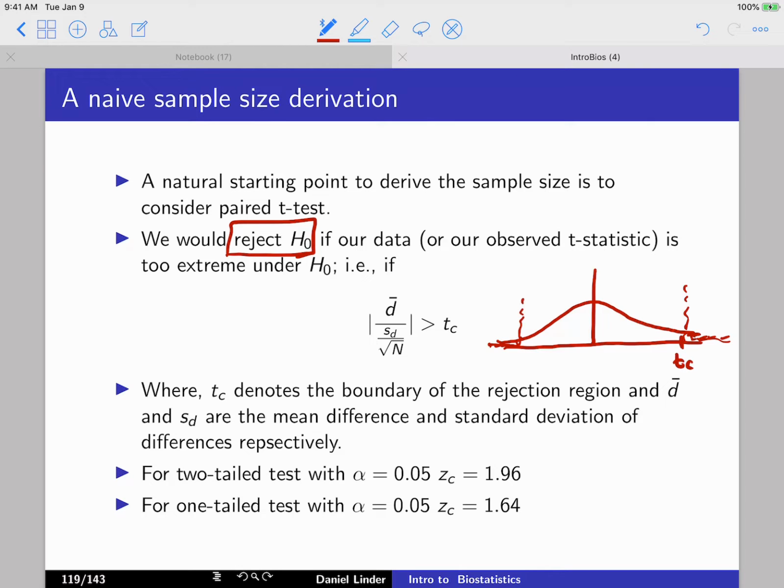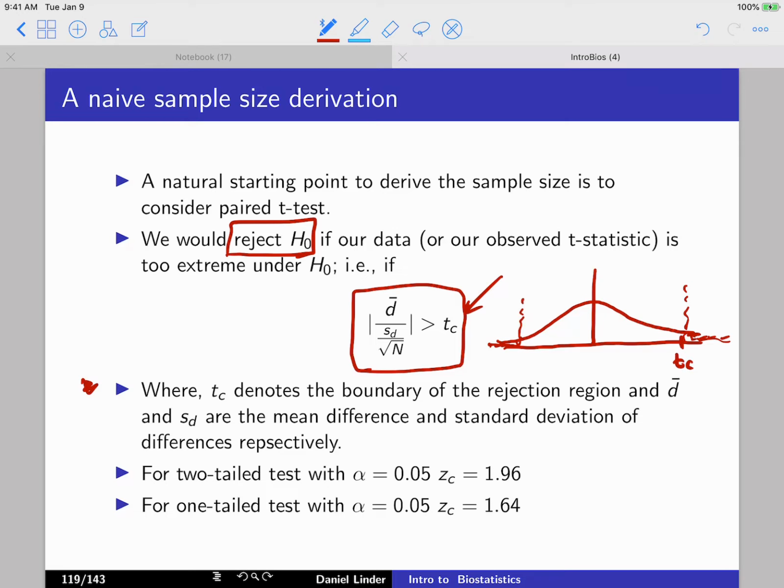We would reject the null hypothesis if our observed t-statistic, or our data, were too extreme, and that's what this indicates: that statistic is larger than some t-value. I've written in this bullet that t sub c denotes the boundary of the rejection region.